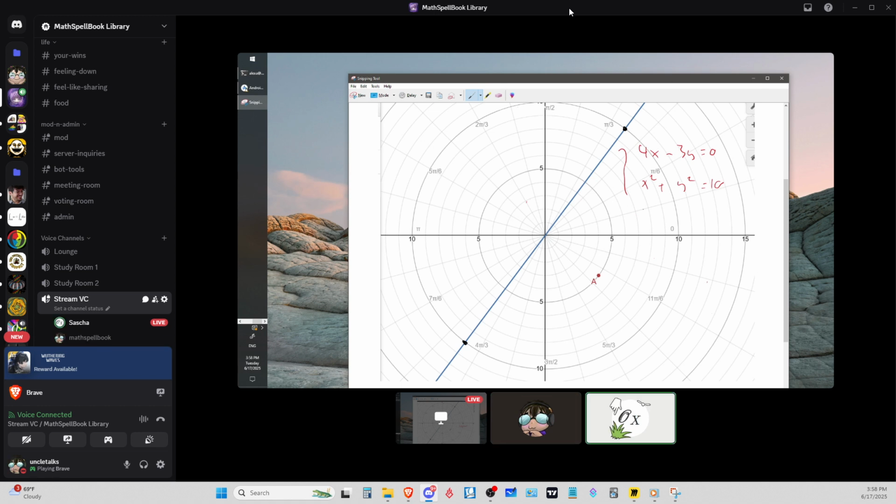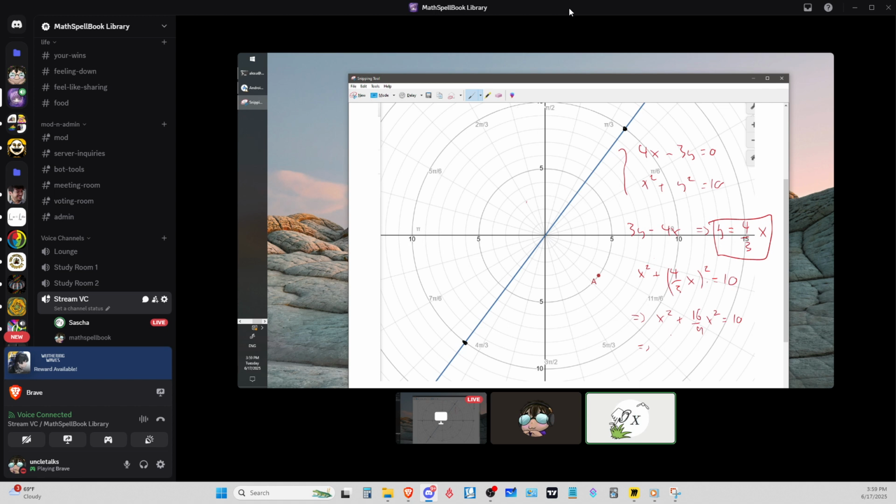If we use the first equation, we end up with 3y equal to 4x, and we can change y to be equal to 4 over 3 x, right? Yeah. And now we can use this substitution inside the second equation. So we end up with x squared plus 16 over 9 x squared equal to 10.